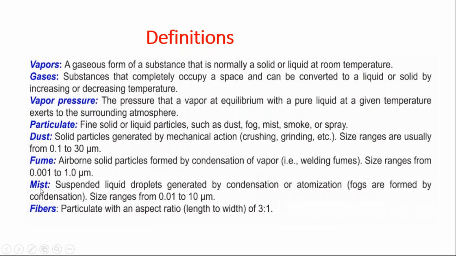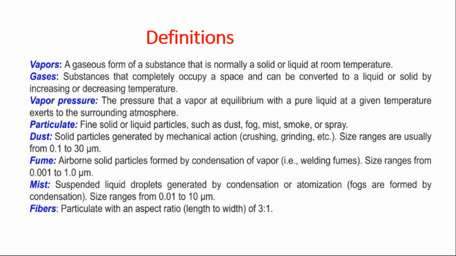And mist are suspended liquid droplets generated by condensation or atomization. For example, when we push water with pressure through a nozzle, or push fuel, petrol, through the nozzle inside the chamber of the engine, then in the compressed air it is divided into small fine particles.